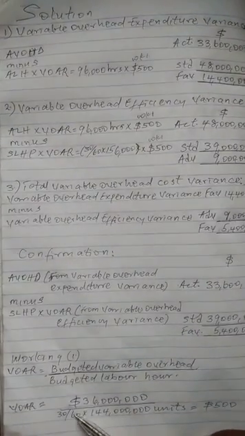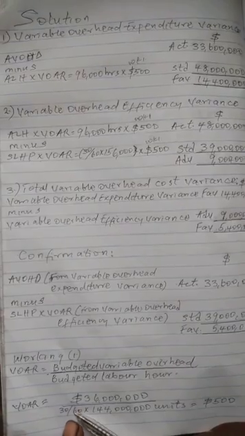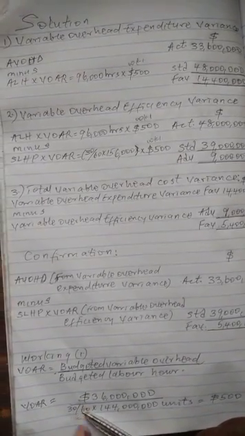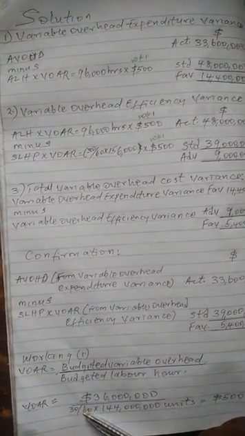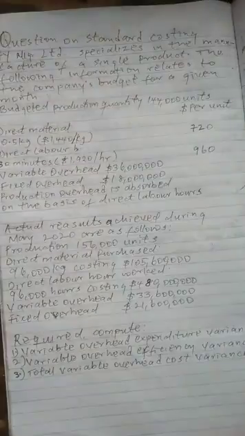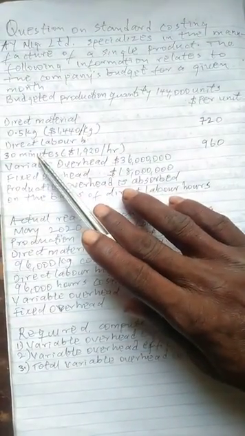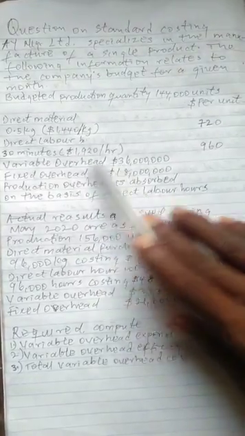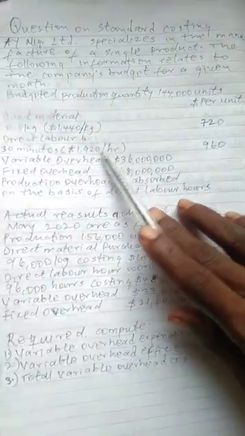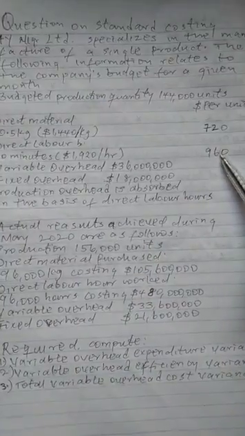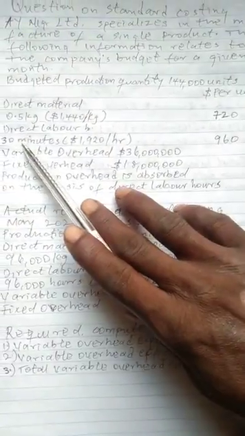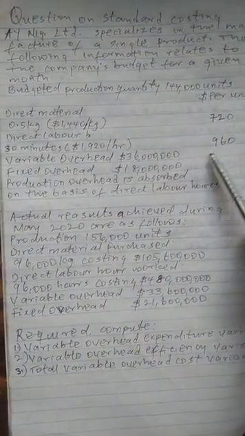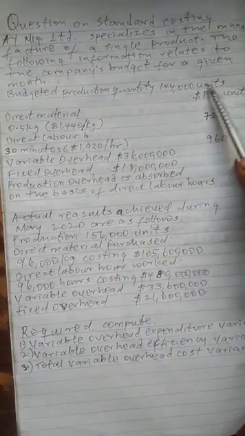You pick the standard labor hour. That is per unit. When the question says 30 minutes at 1,120 per hour, that is 30 minutes per unit. So if they use 30 minutes for 1 unit, how many are they going to use for 144 units?